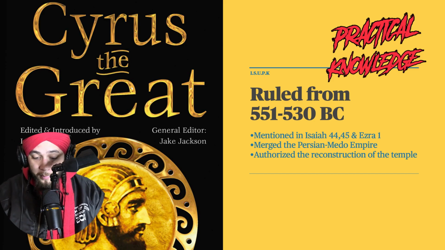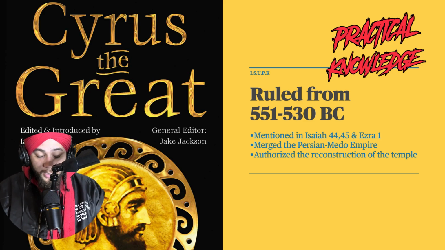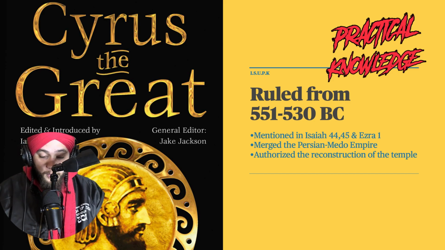It was one superpower. It was the superpower of the earth. At its time, the Medo-Persian Empire, under the rule of Cyrus the Great, was the largest and the most powerful superpower on the earth at its time.